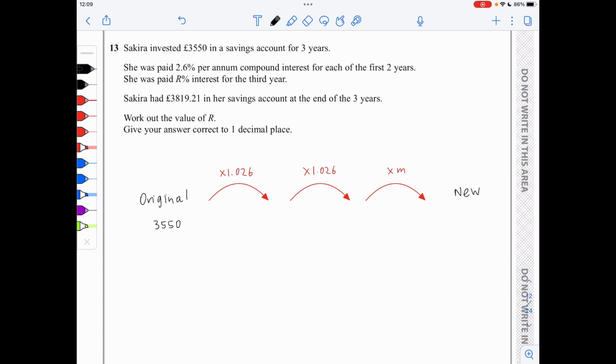We ended up with 3,819.21, and therefore 3550 times 1.026 squared times M is 3819.21, which means we can find M by dividing 3,819.21 by 3,550 times 1.026 squared.